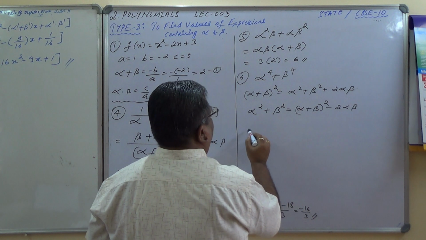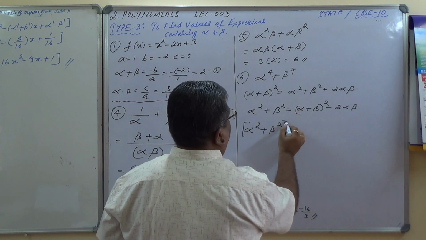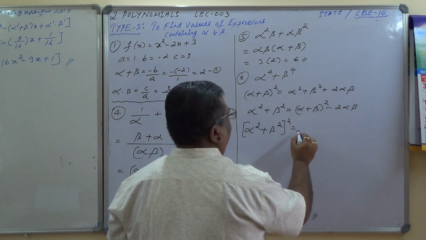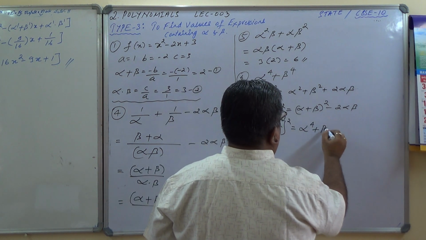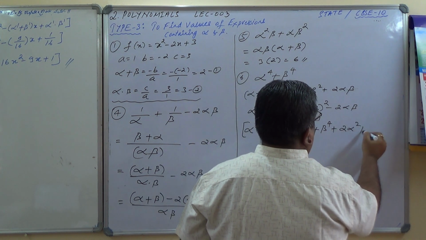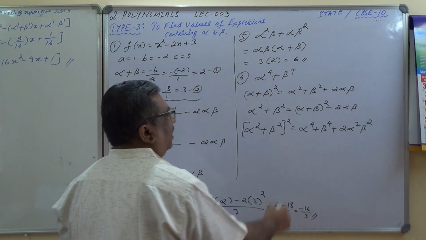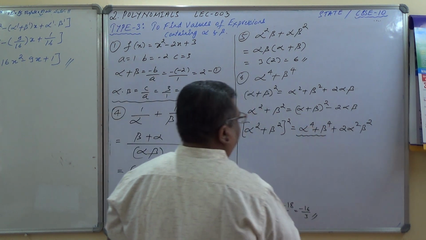See, alpha square plus beta square, the whole bracket square equals alpha to the power 4 plus beta to the power 4 plus 2 times alpha square into beta square. And this is what we want.